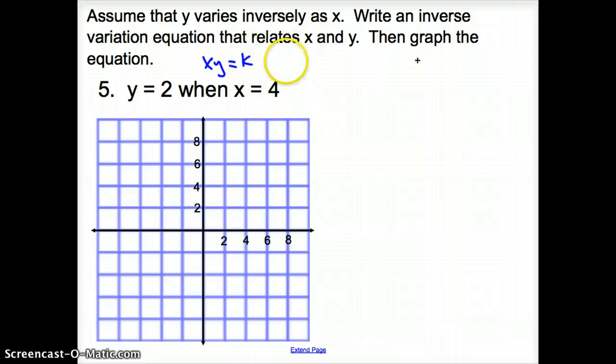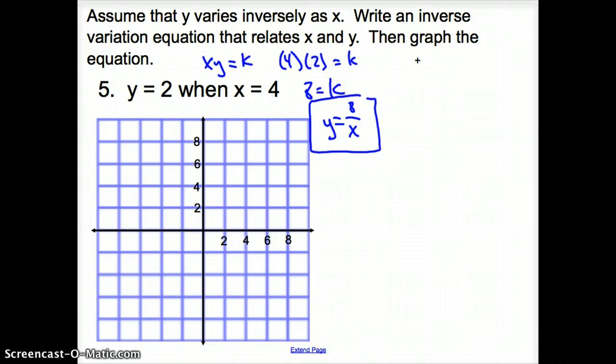It's going to be 4 times 2, and that's going to be k. 8 equals k. So now for our equation, it's going to be y equals, and then just what we were doing before, 8 over that x. Your k goes over x, so here is our inverse variation equation. And now we're going to graph this.